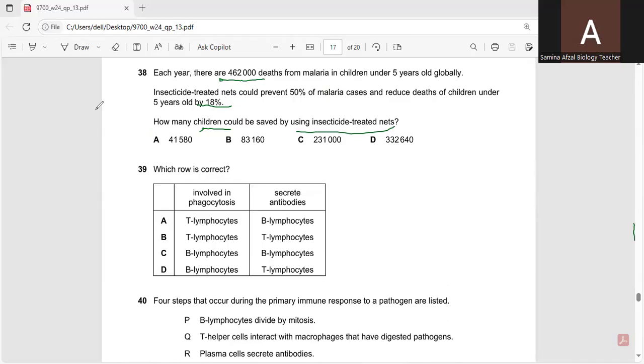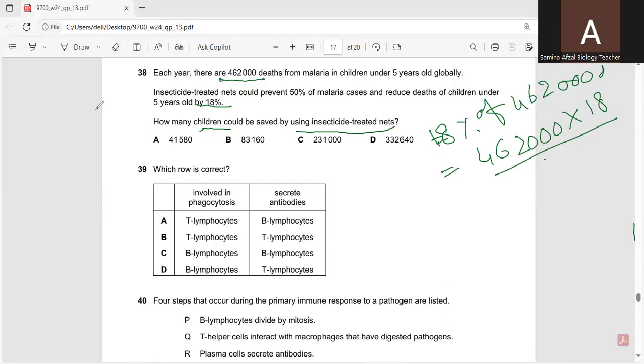So we have to find out 18% of 462,000 deaths. So we will multiply 18% of 462,000 deaths. It will be equal to 462,000 multiplied by 18 divided by 100.